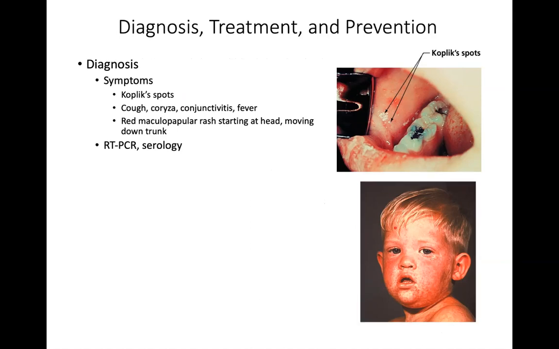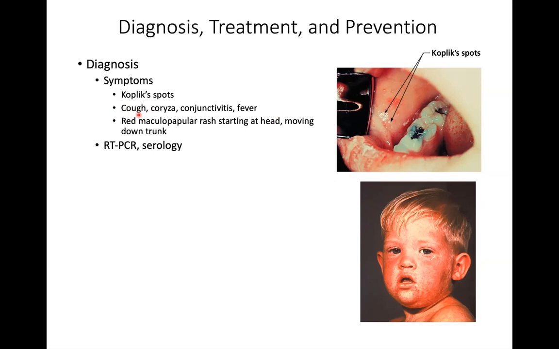And for measles, the rash starts at the head and moves down the trunk, right? With all these rashes, the place where they start, the place where they appear, is a really differentiating sign. This one starts at the head, moves down the trunk on the chest and on the back. Along with those two things, our patient will also be experiencing cough, right?